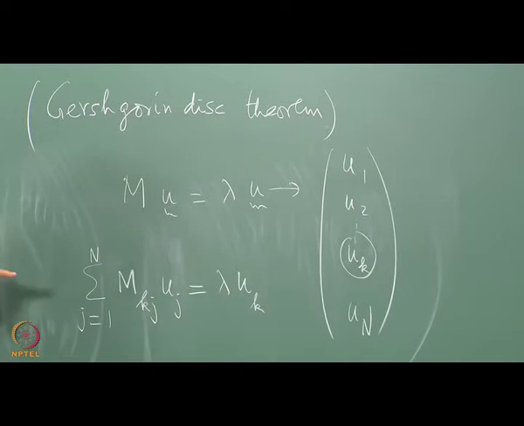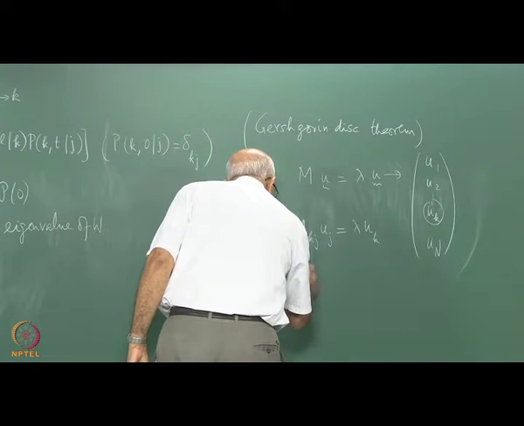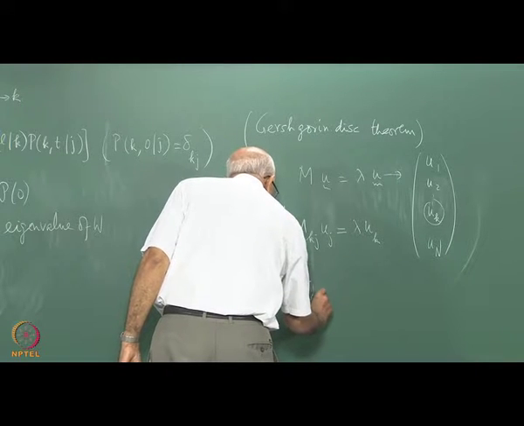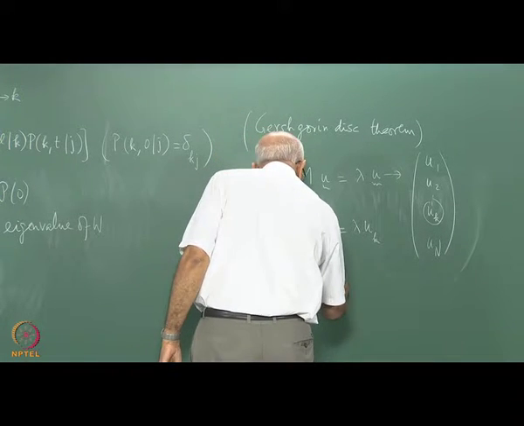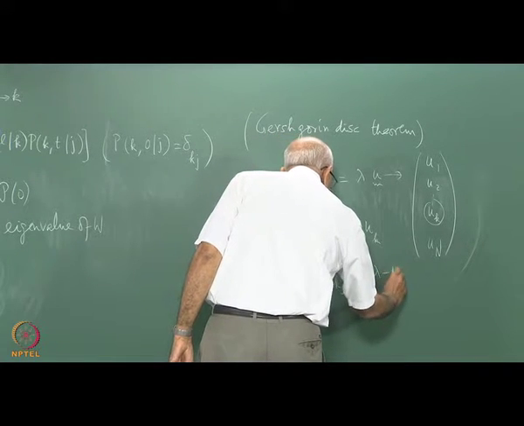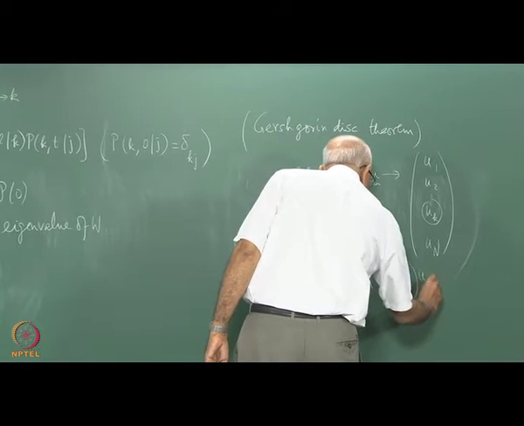So let us take out the j equal to k element and put it on the right hand side, and then it says summation j equal to 1 to n, j not equal to k, M kj uj equal to lambda minus M kk times uk.